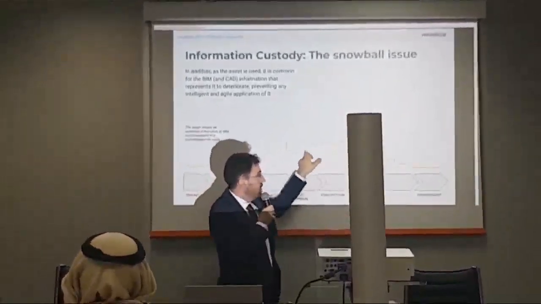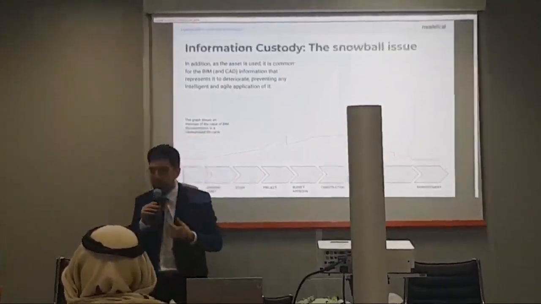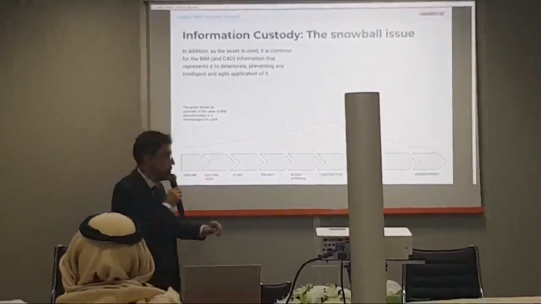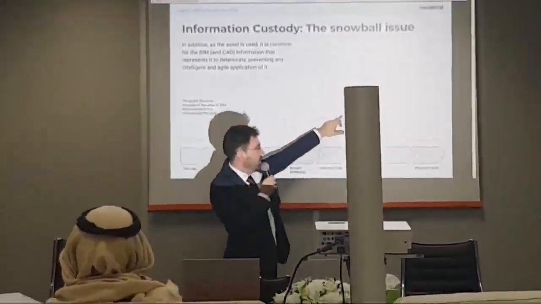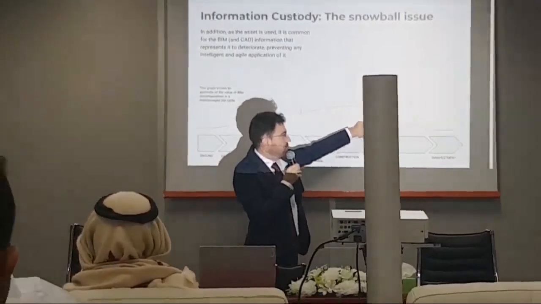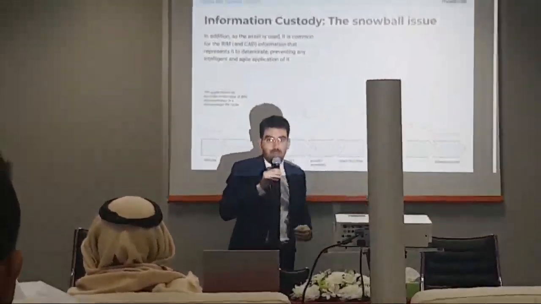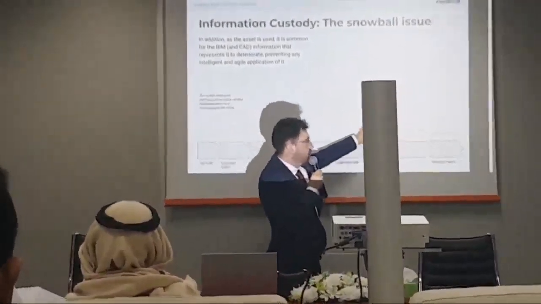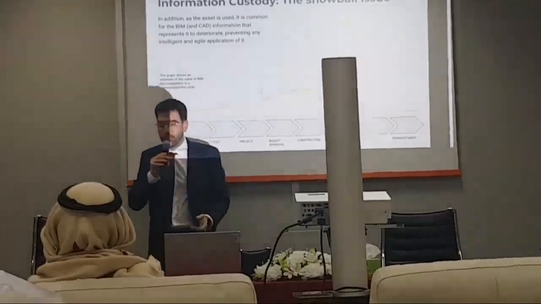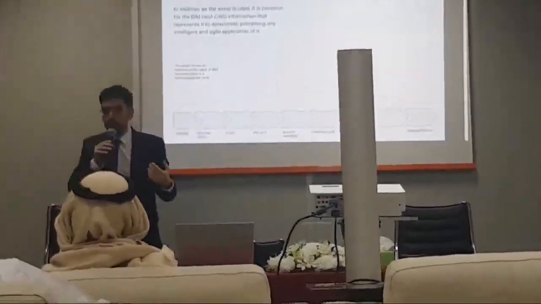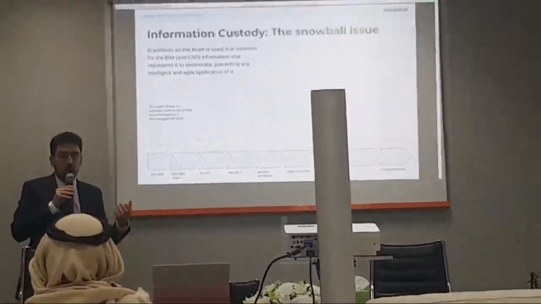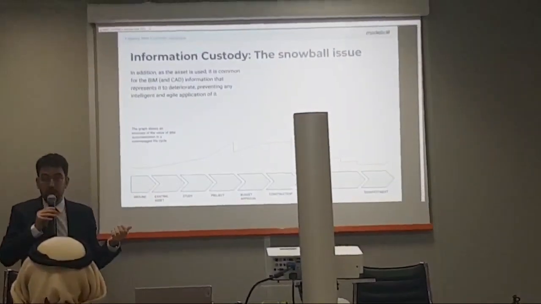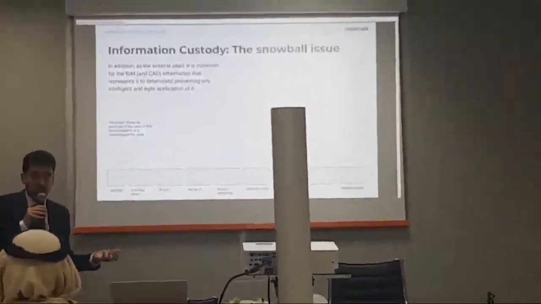Then it's being built. We start the construction, and during the construction, we start generating new information, like changes on the project. But then again, every time that we change anything on that building, this information goes low, low, low, and down. Why? Because if we upgrade the building, but we do not upgrade the project, then the information in the project is useless.